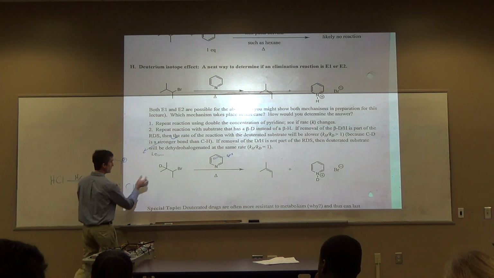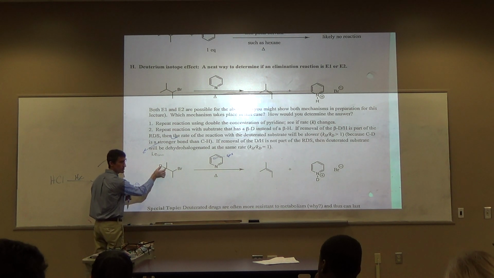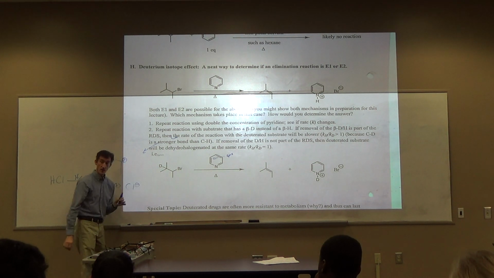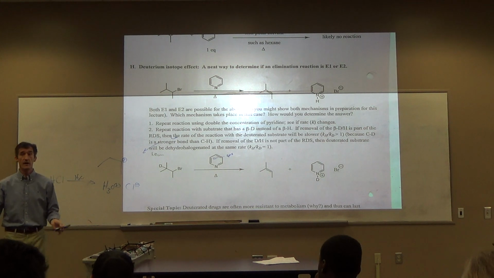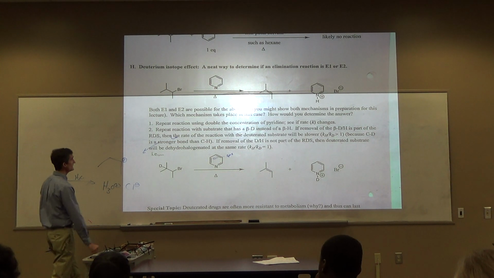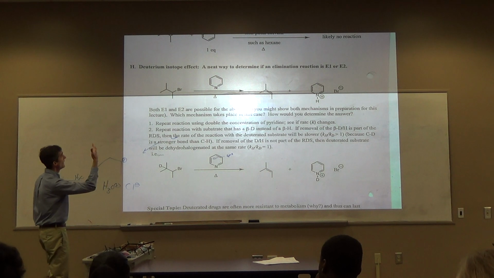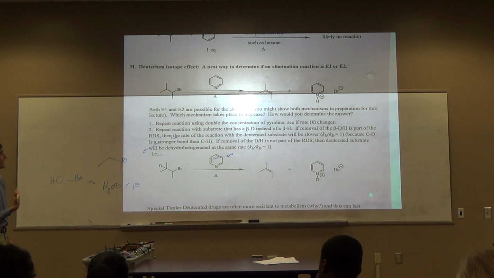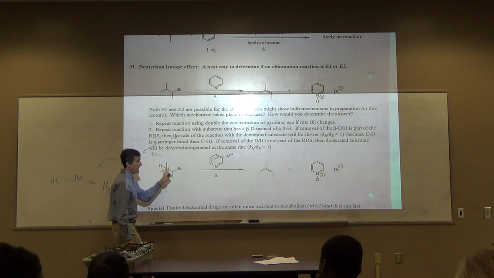Is this bond going to be broken in the E1 rate determining step? No. So it wouldn't matter if the bond is stronger. So we can do that. And replacing the H with the D would be called a deuterium isotope, because deuterium is an isotope of hydrogen. What effect would that lead to in the rate? That's commonly done.